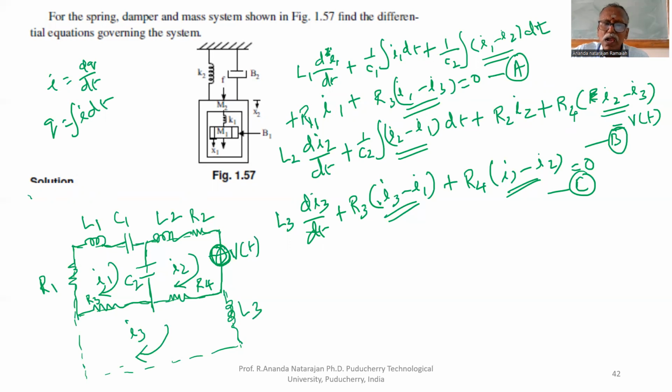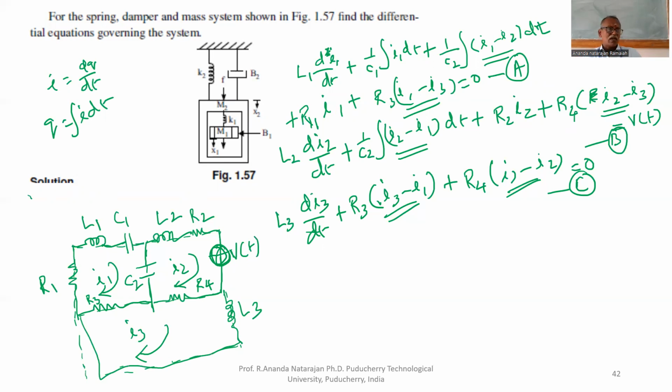R3 is between the third loop and first loop, already drawn. R4 is between the second loop and third loop. That's all. This is the electrical analogous circuit of the given mechanical system.